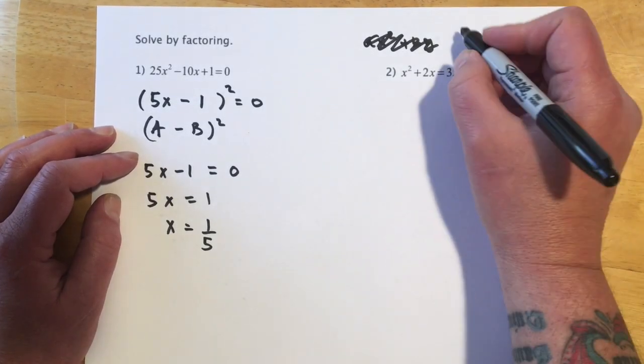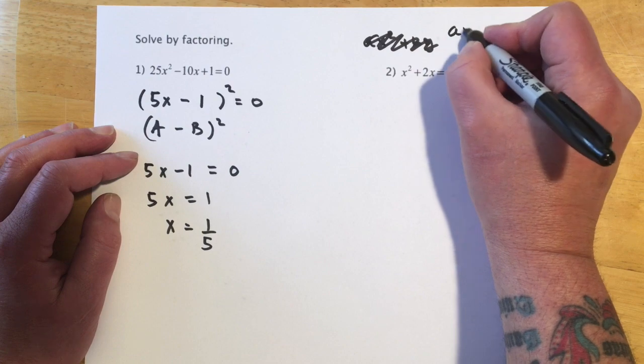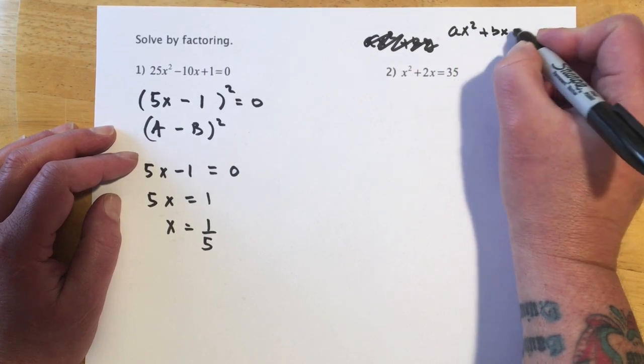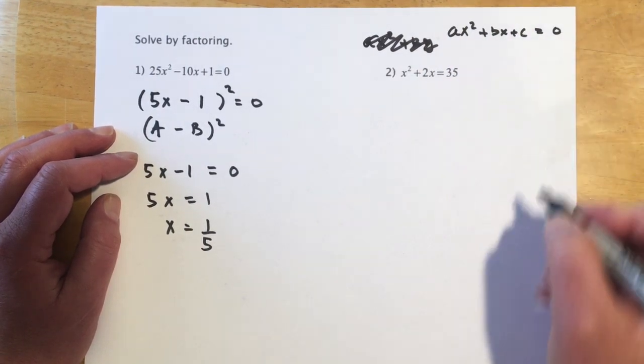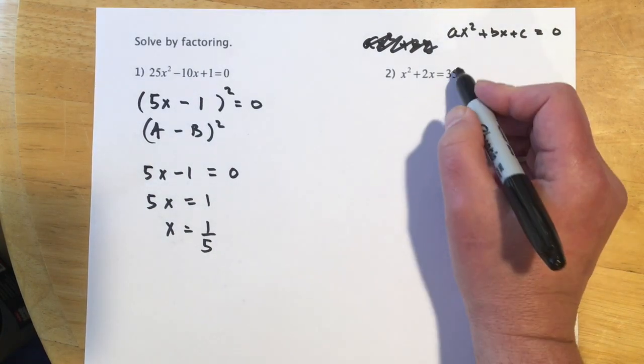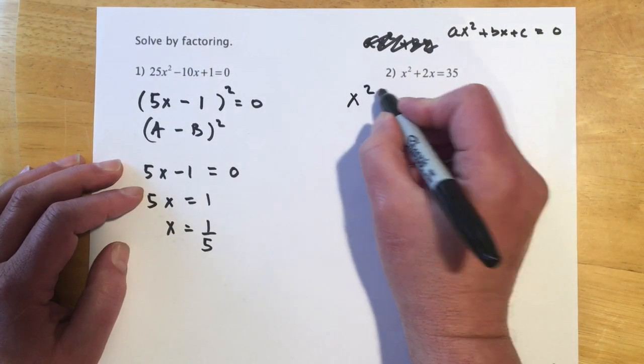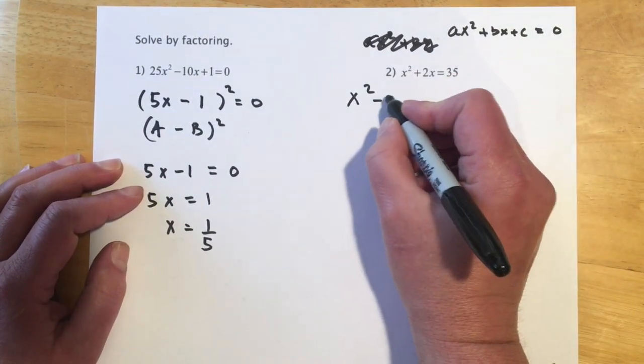For number 2, we always want these to be in the form ax squared plus bx plus c equals 0. And so I'm going to move the 35 over, so I get that equals 0.